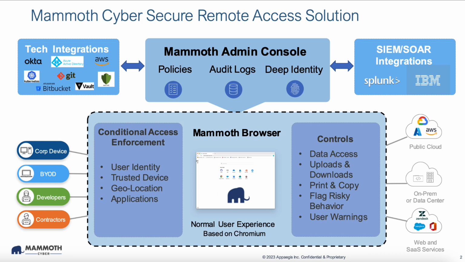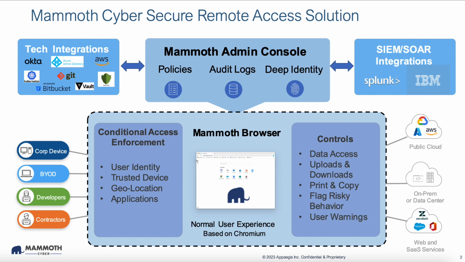If you're at home, you have a gig link, you're no longer constrained by hairpinning and going to a centralized location that may be a bottleneck for you. In this case, you're able to take advantage of your home network. And then the user experience is going to be very much the same for access to the internal networks, regardless of whether they're on-prem or in your private or public cloud. That is actually obfuscated from the user itself.